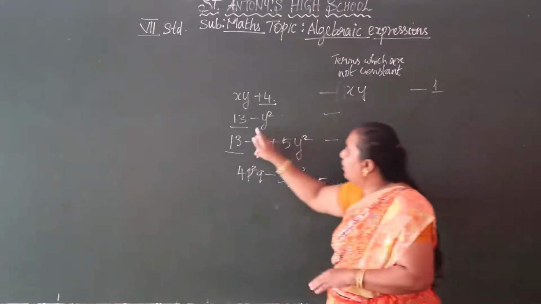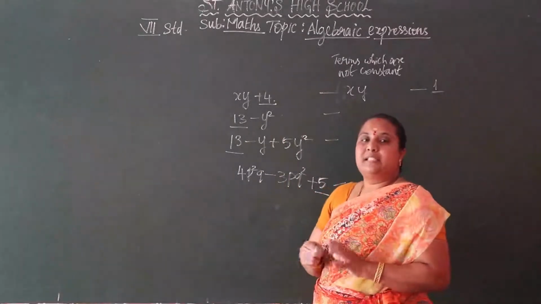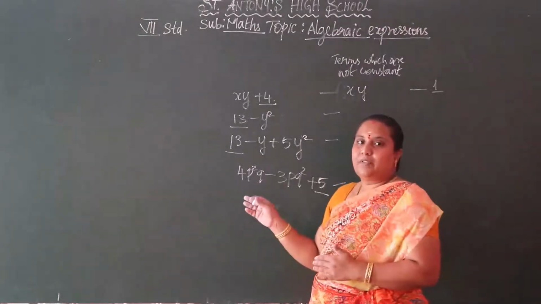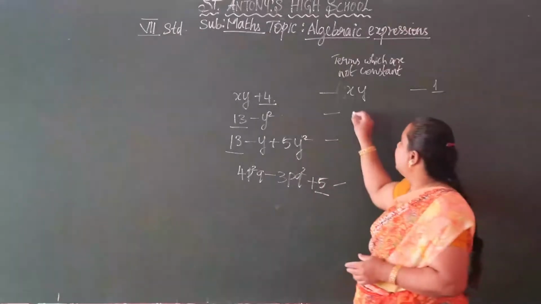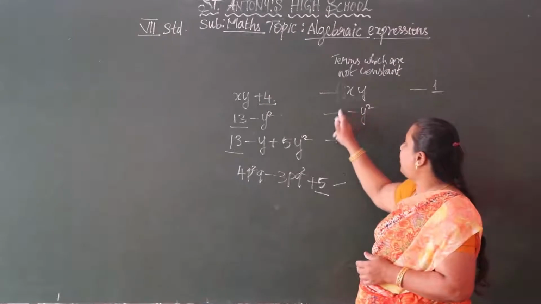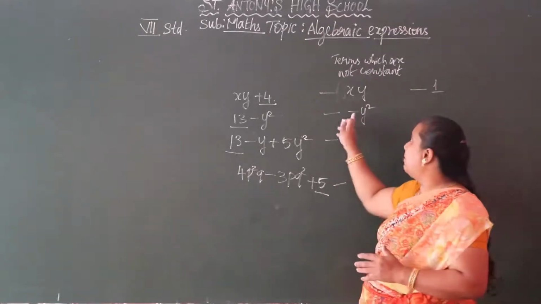Here we have 13 minus y square. If there is a subtraction symbol, we have to add that subtraction symbol to the term. So here, without the constant term, we have minus y square. The numerical coefficient of y square, we have to add the symbol also.